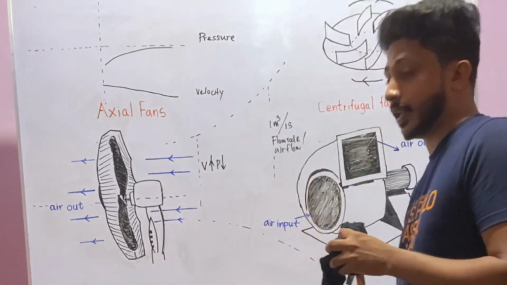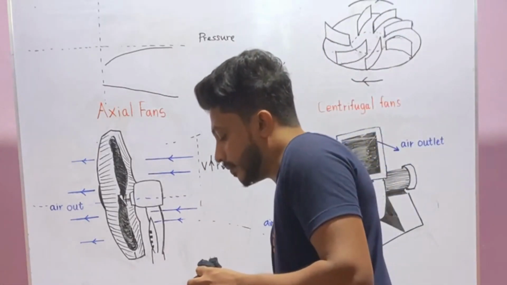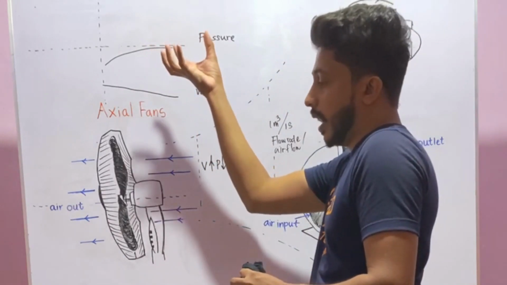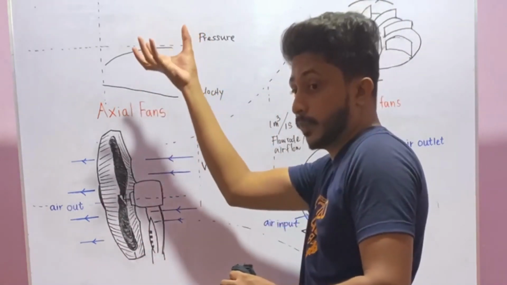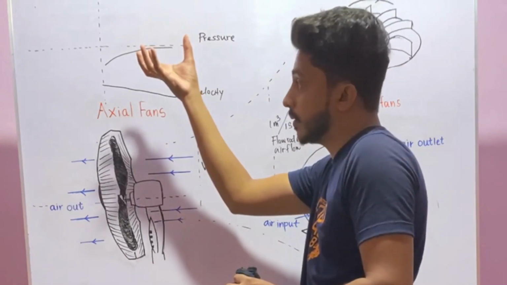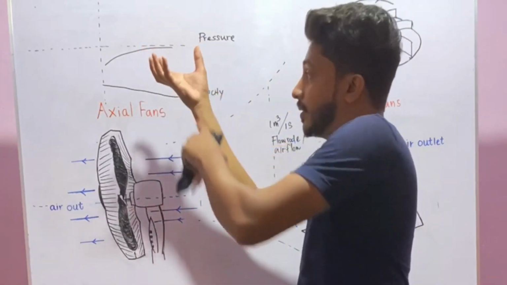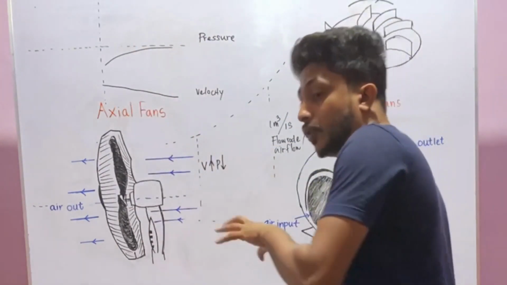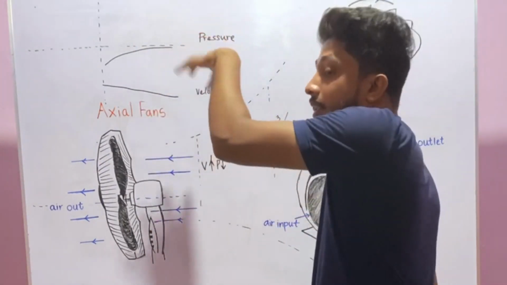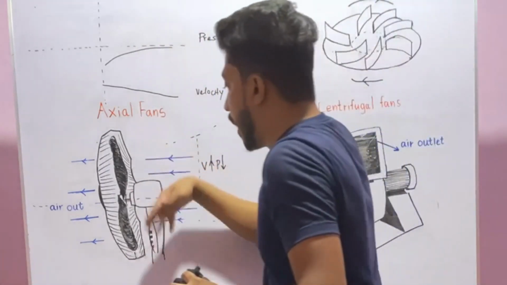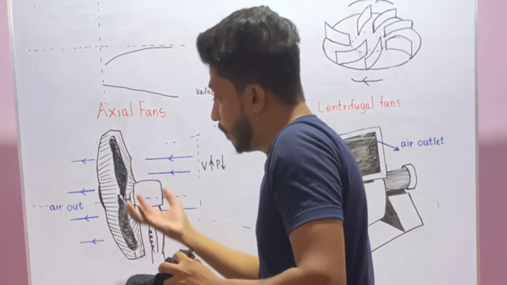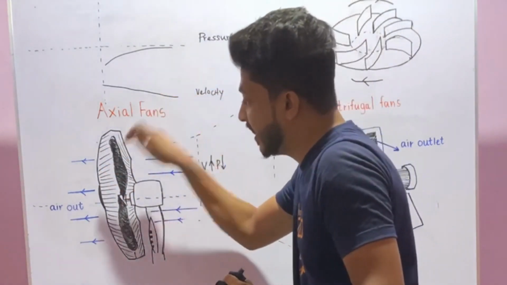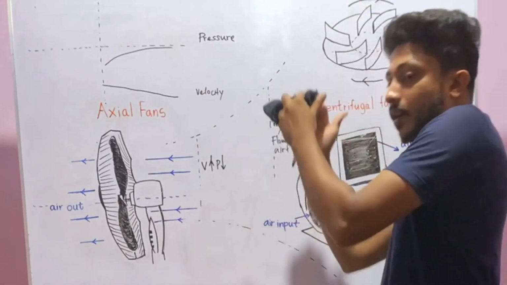As an example, if I take a ball and raise it like this, I am doing some work on this ball, and the ball increases its energy as potential energy. So now our fan blades are doing some work on the air molecules. Because of that, the energy in that air is now increased.